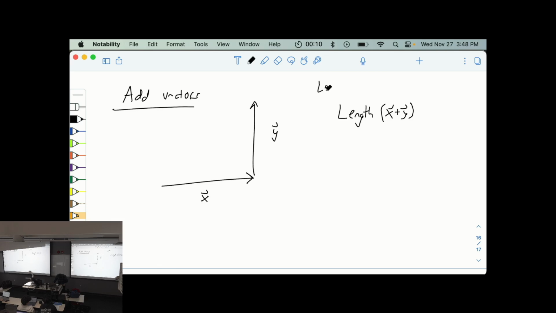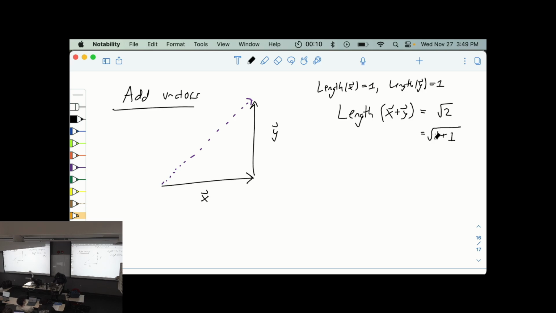What is the length of x plus y? Very tempting to say it's 1 plus 1. It's not 1 plus 1. It is square root of 2. And that's because you have to use Pythagoras' famous theorem, and when they add, you get this square root business. This square root of 2 really comes from the square root of 1 plus 1.